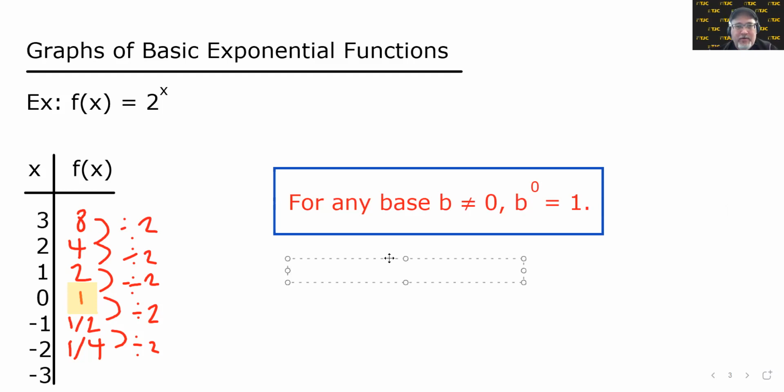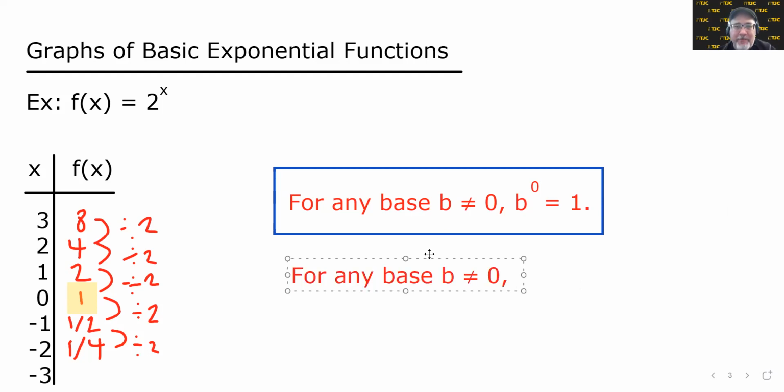All right. For any base b, and it still has to not be equal to 0, b to the negative n power equals 1 over b to the positive n. In fact, I'm just going to write this part, it'll be a lot easier. I do want to take the font size back up though, so let's do that. All right, red please.